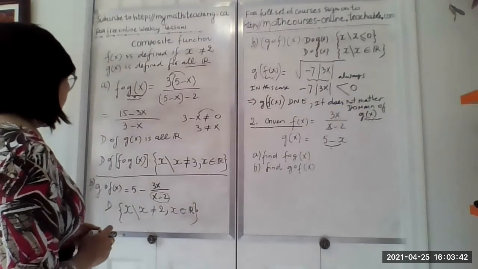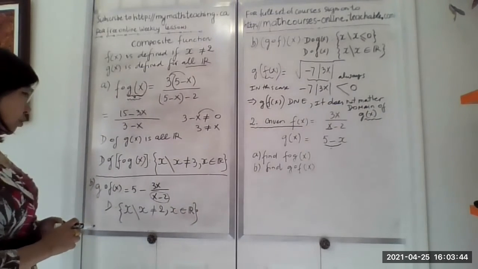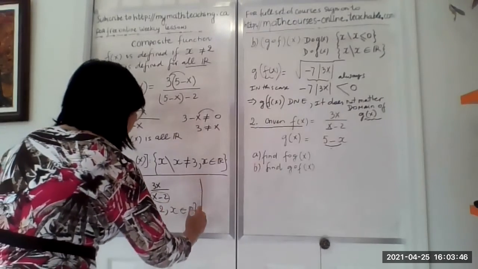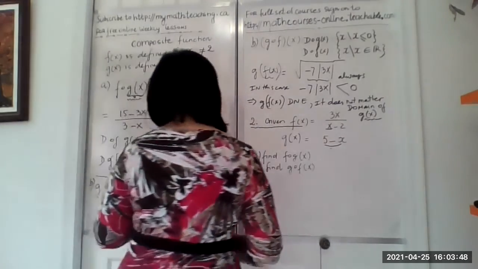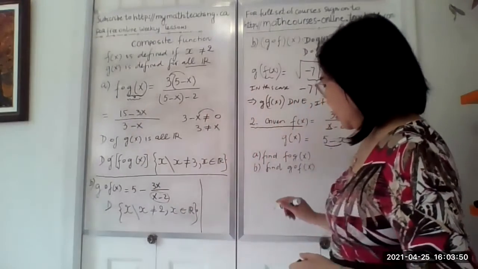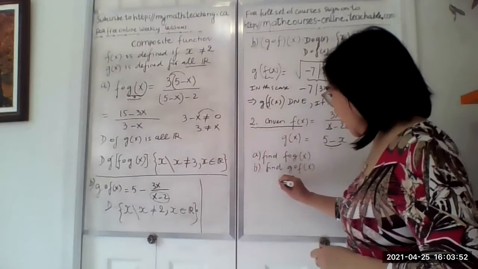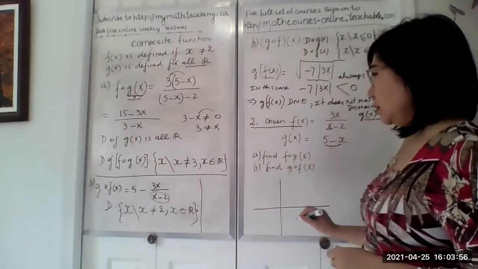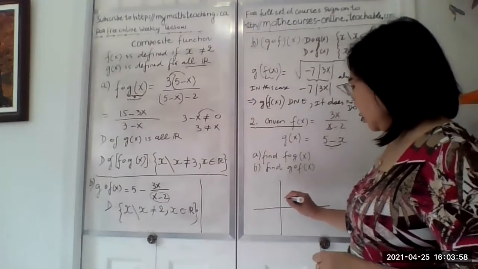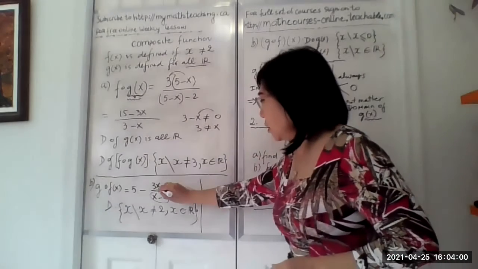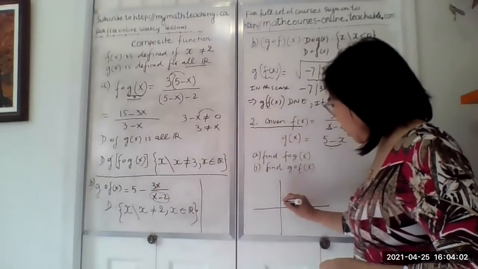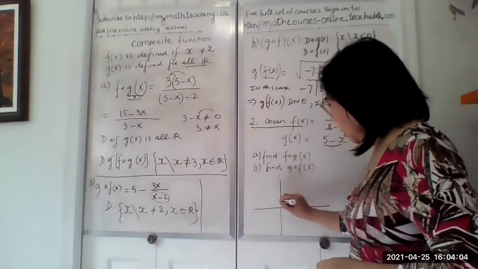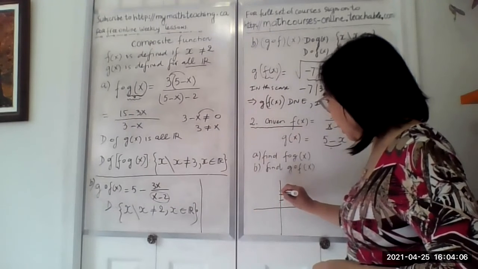Okay, so what about the range of this function? Now this is a rational function, so it looks like this. If x equals 0, y equals 5.